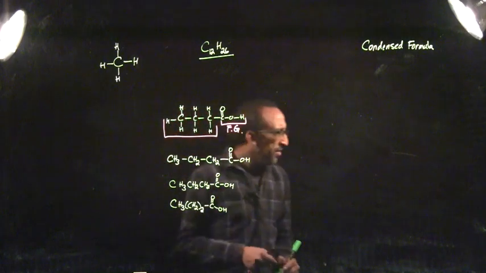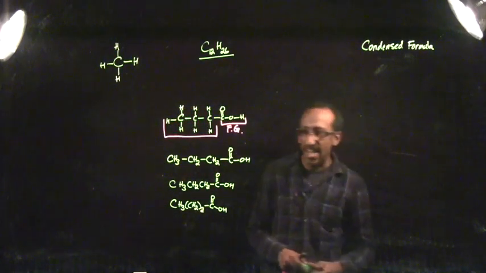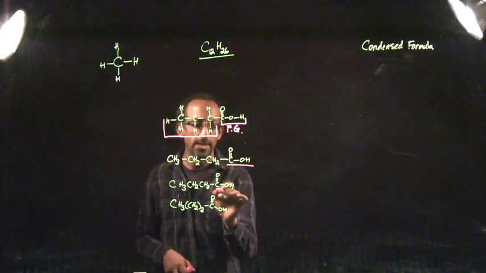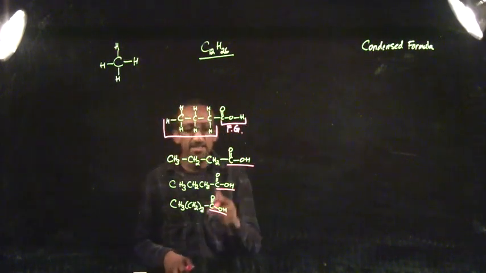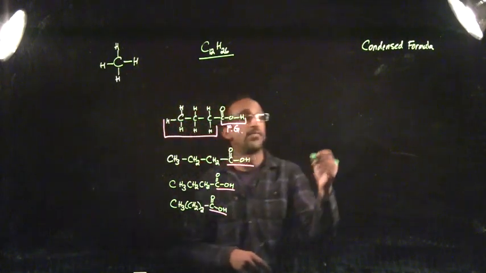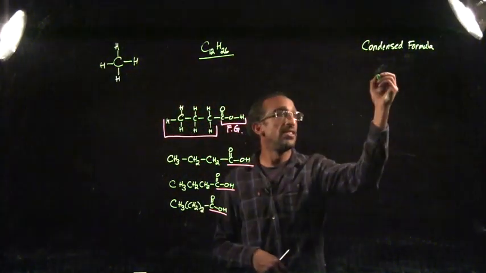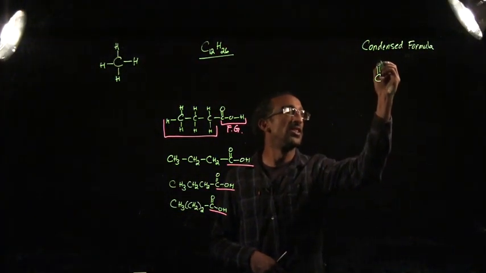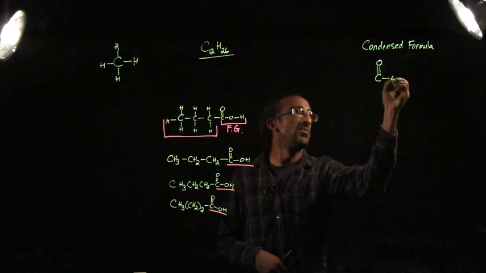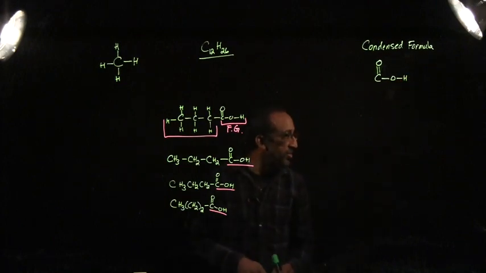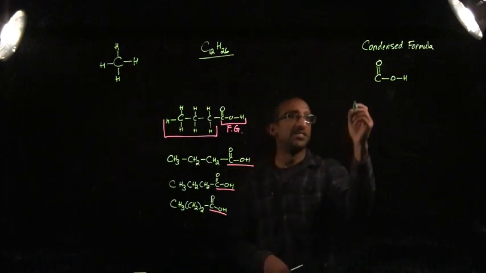Now, for our carboxylic acid functional group, the portion marked here in pink, we can condense that down, but it has to be specific to the carboxylic acid functional group. And so for the carboxylic acid functional group, C double bonded to an oxygen, single bonded to an oxygen, single bonded to a hydrogen, there are two different ways that we can condense that down.